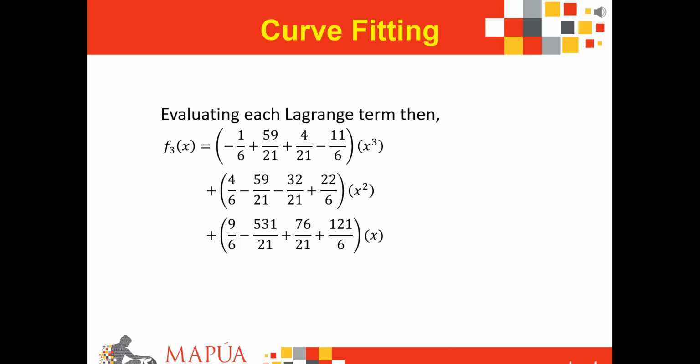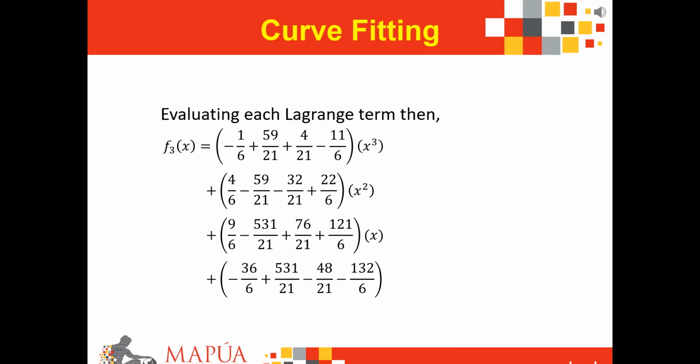You'd end up with a simplified coefficient for your x now to be 9/6 minus 531/21 plus 76/21 plus 121/6. And you'd end up with a constant of -36/6 plus 531/21 minus 48/21 minus 132/6.